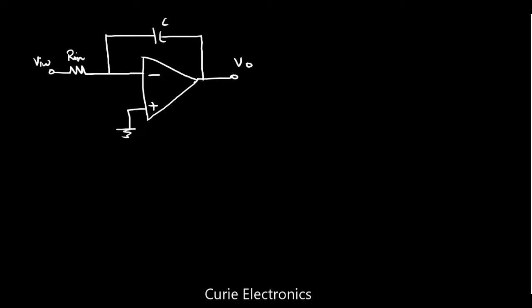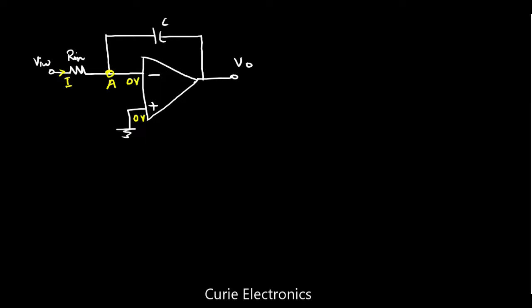Now, if you see this node, I will mark it as A. And the current flowing through this resistor I will take as I. Here, from the virtual ground concept, we can say the inverting terminal is at 0 volt.